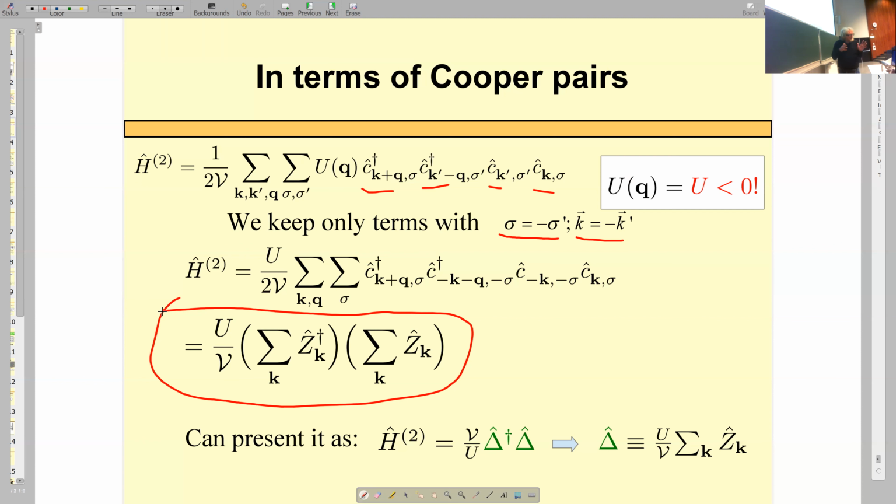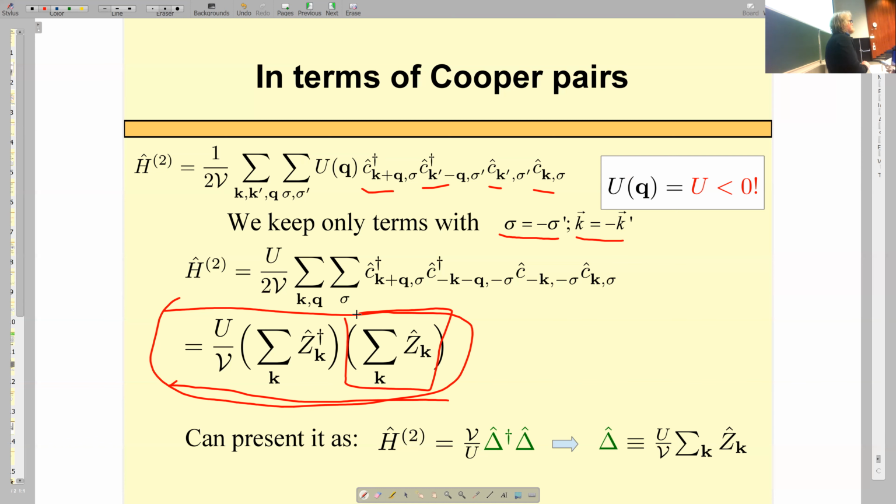From double sum, we have a square of the sums. So here we manage to express it in terms of Cooper pair operators. Good. And what is important in this construction is not every operator of creation and annihilation of Cooper pairs. Rather, it's the sum which is important.